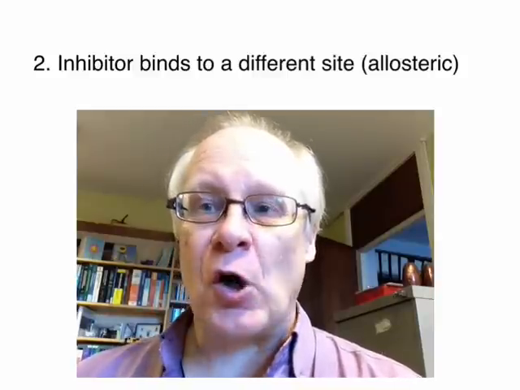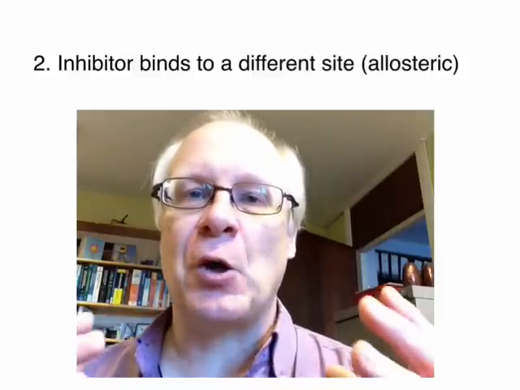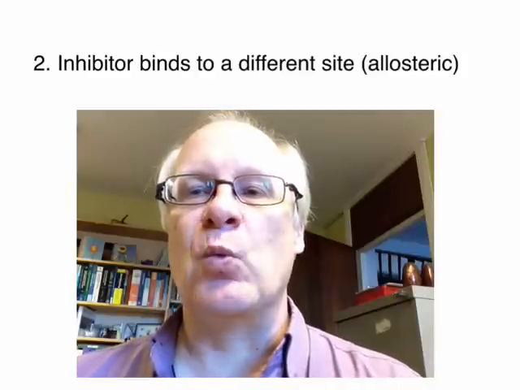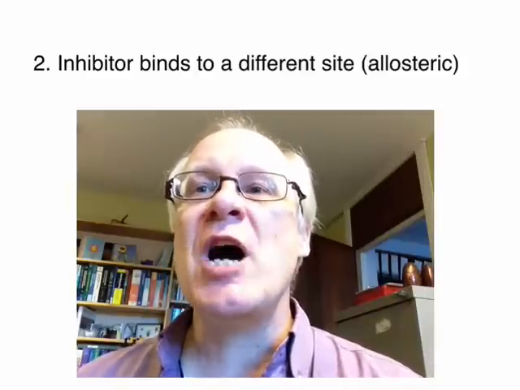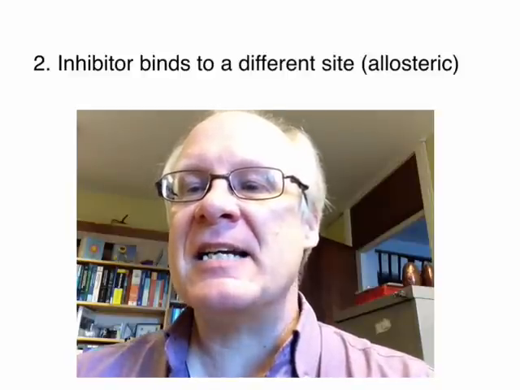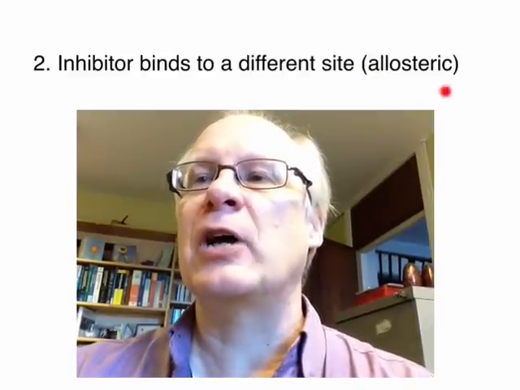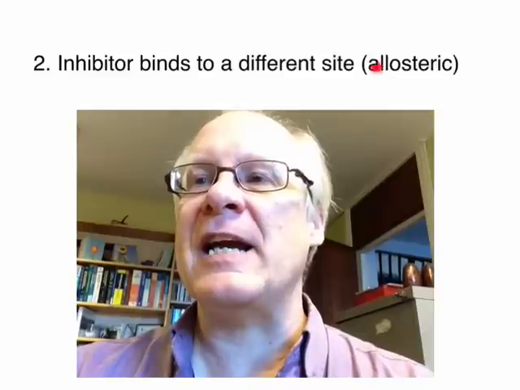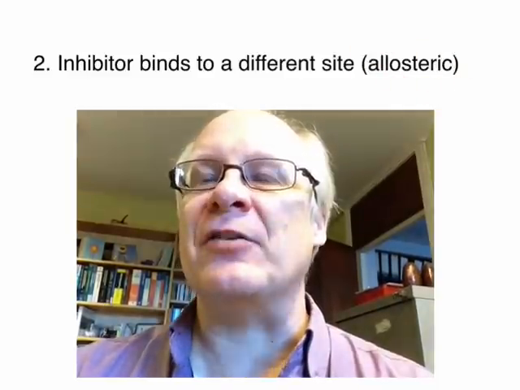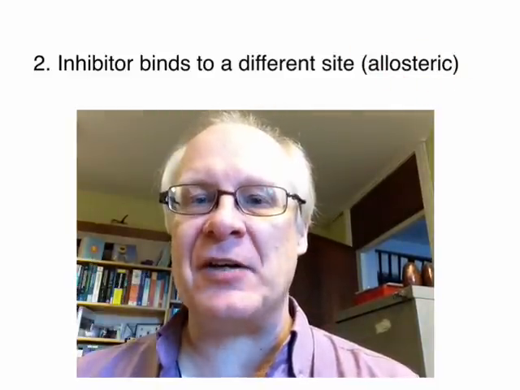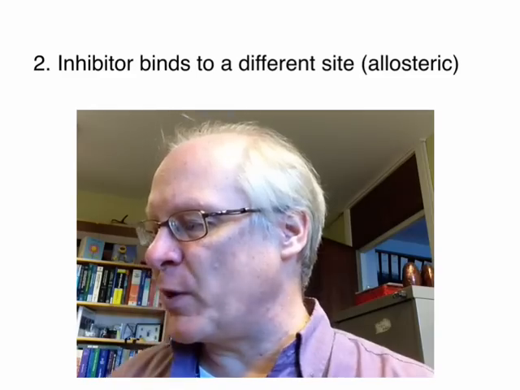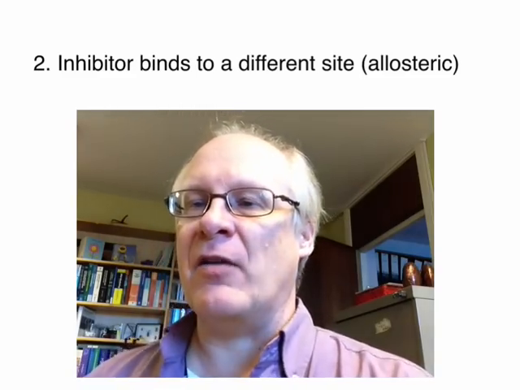Now, the second option in which a competitive inhibitor can work is that it binds to a different site, and different site or other site in Greek means allosteric. So this would be an allosteric inhibitor. So what's going on? Again, we have the substrate, we have the active site.